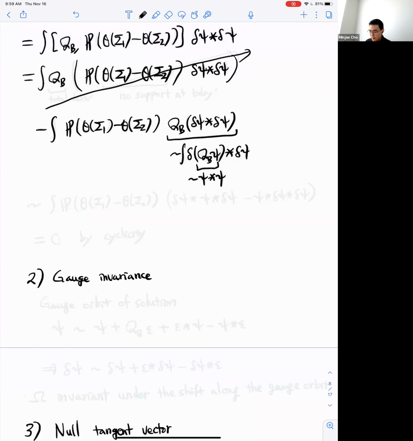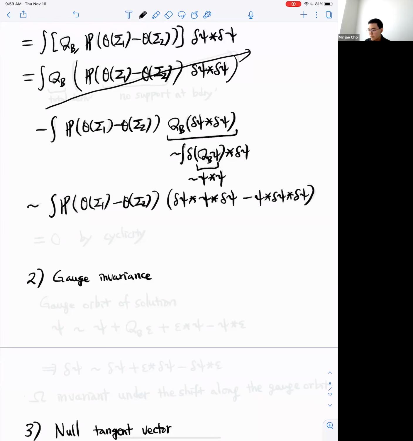Okay? And then it becomes very straightforward to see that, due to the usual cyclicity property of Witten's vertices, this thing vanishes. So you're going to land on this type of expression, and it's going to vanish by cyclicity.